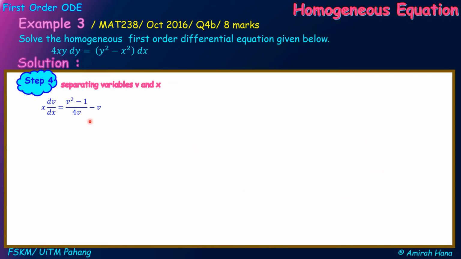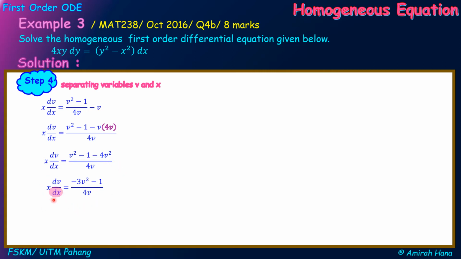From here, we can standardize the denominator on the right hand side. So we have v squared minus 1 minus v times 4v over 4v. Then we expand and simplify. So we get x dv over dx equals negative 3v squared minus 1 over 4v.